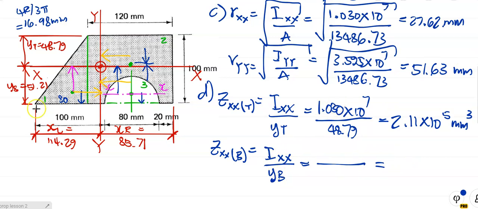Ixx is that, Y bottom is 51.21, so 1.030 times 10 to the power 7 divided by 51.21 should give you the following: 1.030 exponent 7 divided by 51.21, and I get 2.01 times 10 to the power 5 millimeters cubed.